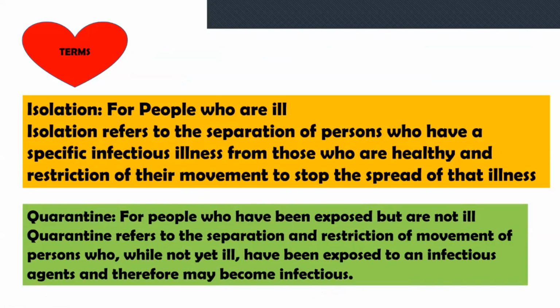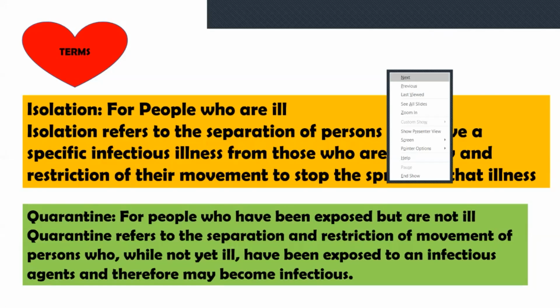Quarantine refers to the separation and restriction of movement of persons who, while not yet ill, have been exposed to an infectious agent and therefore may become infectious. So you know about the isolation term and quarantine term. These apply in Thailand.